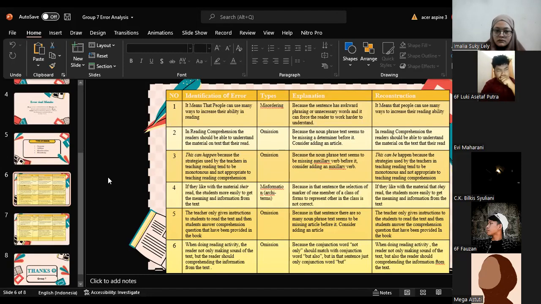monotone. Number four is if they like with the material they read, the student more easily to get the meaning and information from the text.